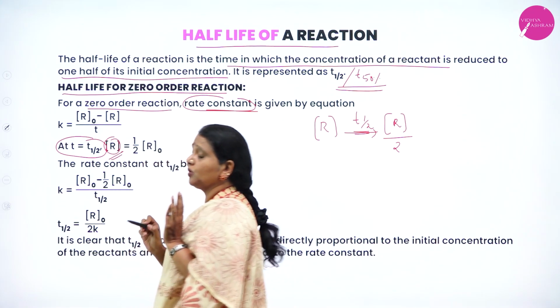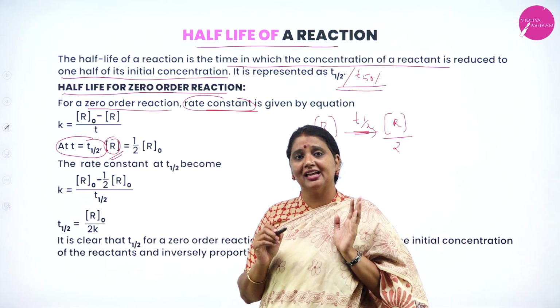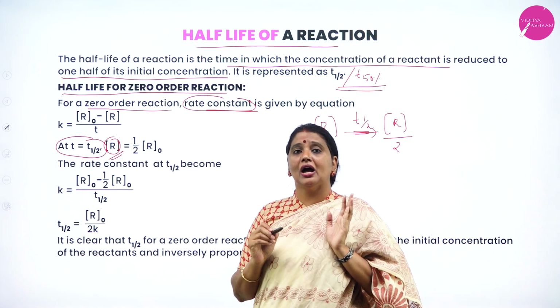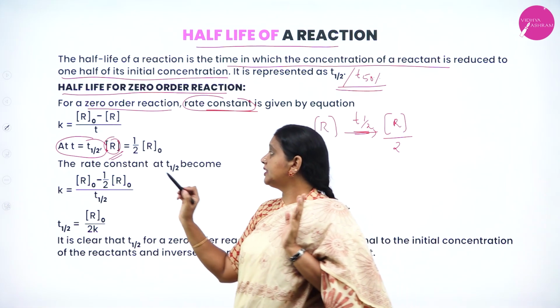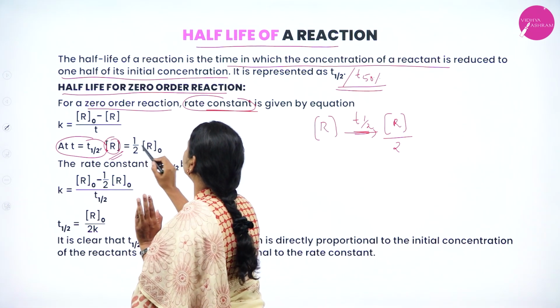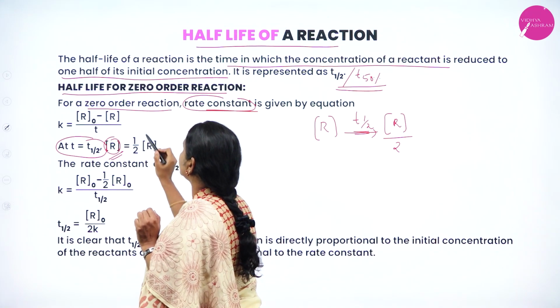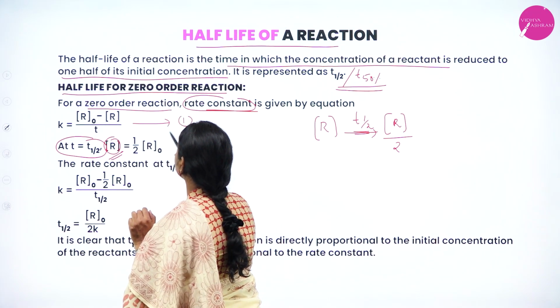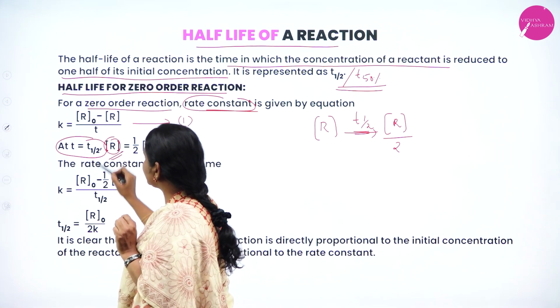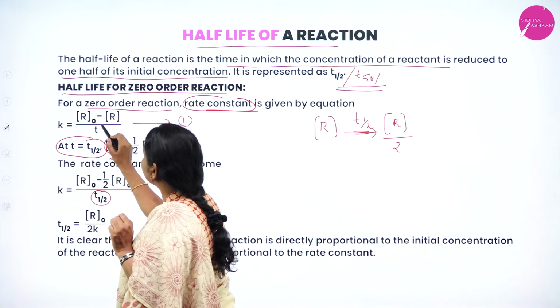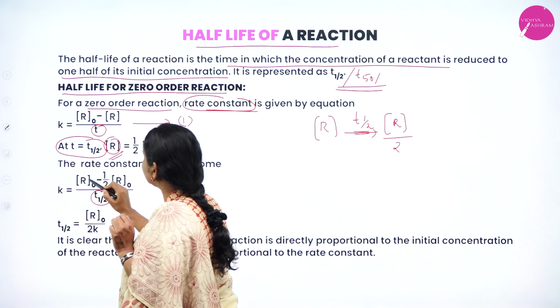At half-life period, the concentration of the reactant gets reduced to half of its initial value. Therefore, molar concentration of R is equal to R0 by 2. Substitute these values in equation 1. In place of T, you put T half. R0 is there.